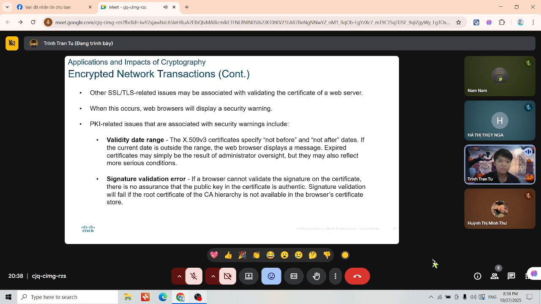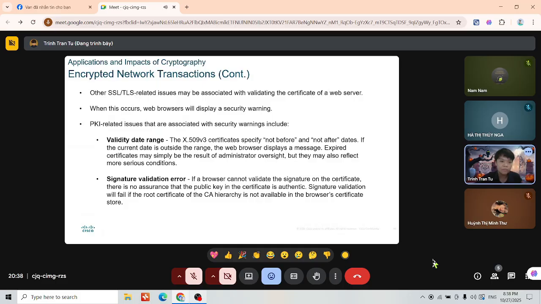And the next, 3. Encrypted network transactions. A common PKI issue is certificate validation. You have probably seen false warnings like connection not secure. What happens when SSL/TLS certificates have problems?